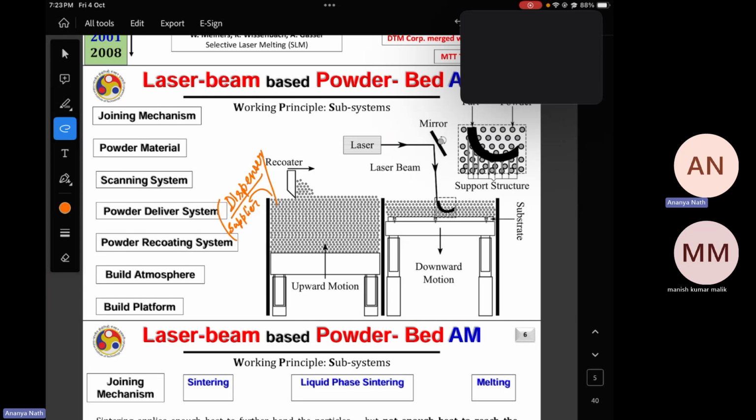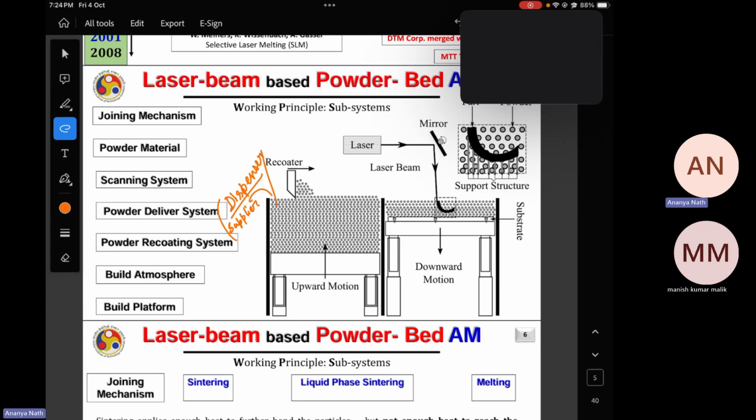And from the supplier, the recoater is now taking one layer of powder along with it and spreading it over the bed. The bed will go to the downward position. Step by step, each step is equal to one layer thickness height, which is around 30 micron or 20 micron or 40 micron. And then they make the part.